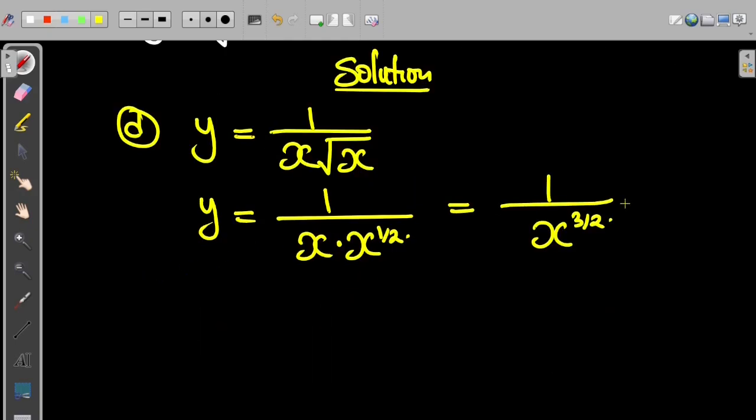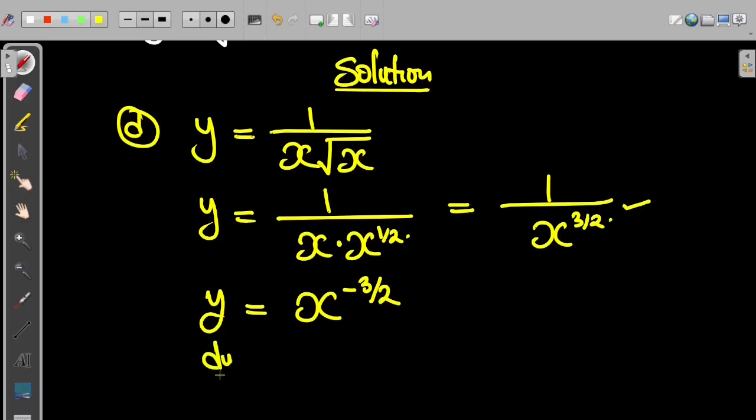So we can apply the law of indices at this point. We have that y is equal to x to the power of minus 3 divided by 2.